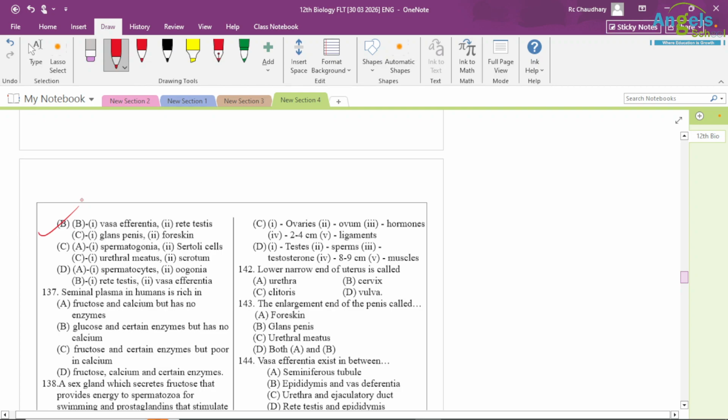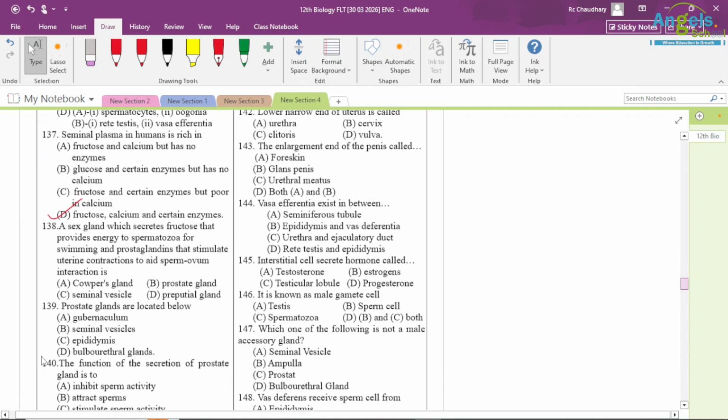Question number 137. Seminal vesicles in a human are rich in fructose, calcium, and certain enzymes. So option D is correct. 138. A sex gland which secretes fructose that provides energy to spermatozoa for swimming, and prostaglandin that stimulates uterine contraction to aid sperm-ovum interaction, is known as the seminal vesicles.